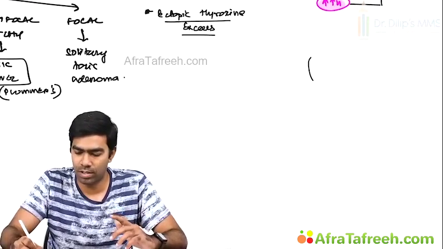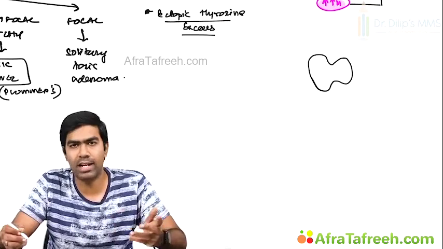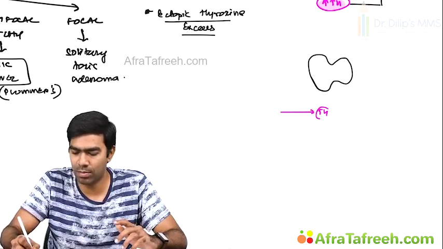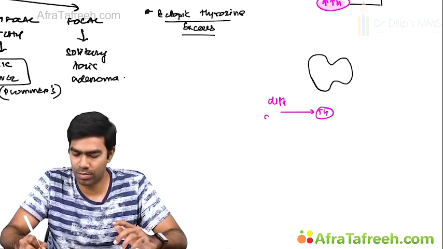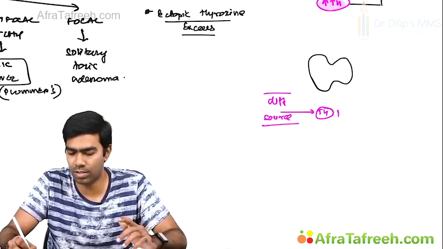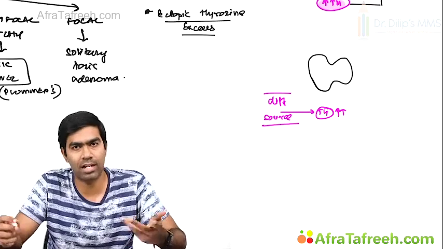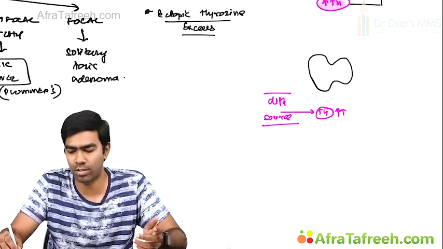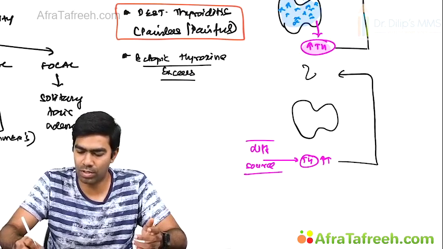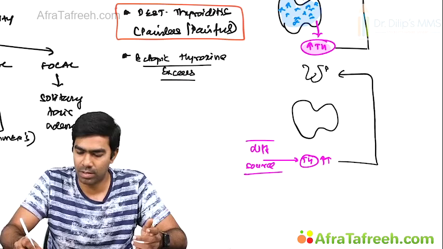In this condition, the gland is normal, not destroyed. But remember, this T4 is coming from a different source, not from the thyroid. This excess T4 from a different source produces a thyrotoxic state and hyperthyroidism. This excessive T4 is going to suppress the pituitary and produce low TSH.